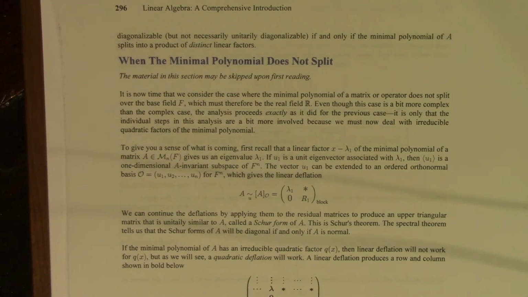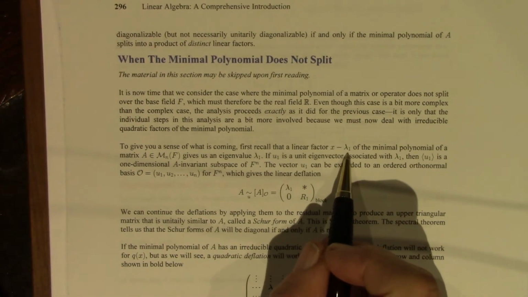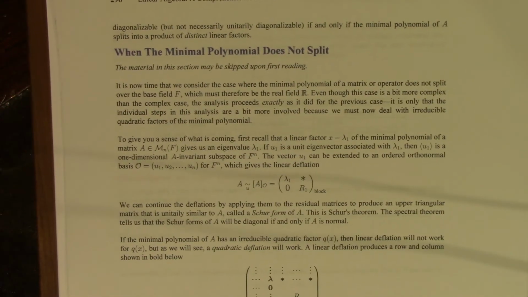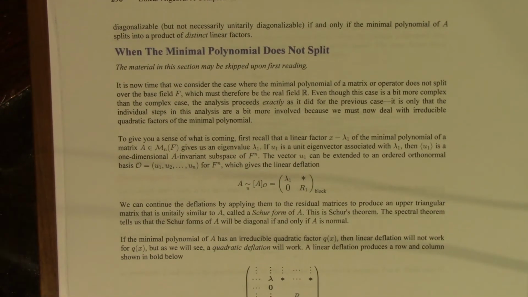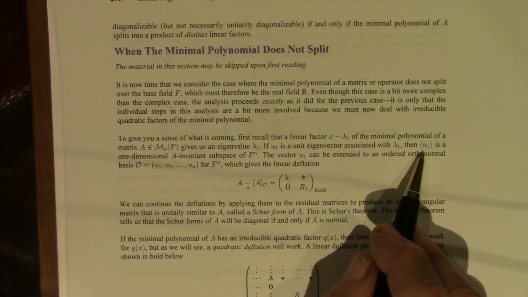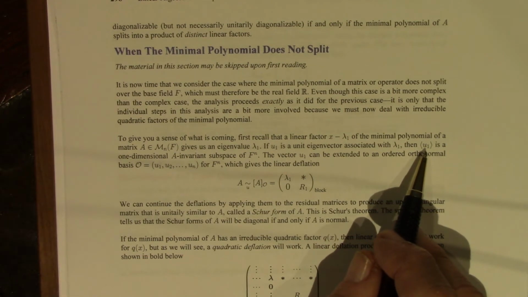First, let's recall that a linear factor, x minus lambda 1, say, of the minimal polynomial of a matrix gives us an eigenvalue, lambda 1. And if we let u sub 1 be a unit eigenvector associated with lambda 1, then u sub 1 by itself spans a one-dimensional, A-invariant subspace of F^n.